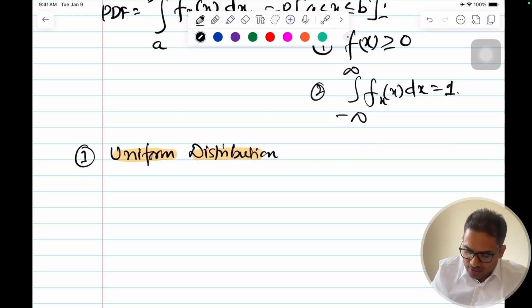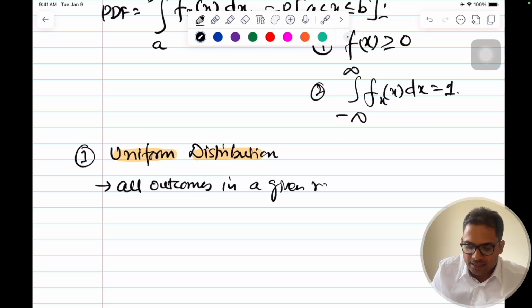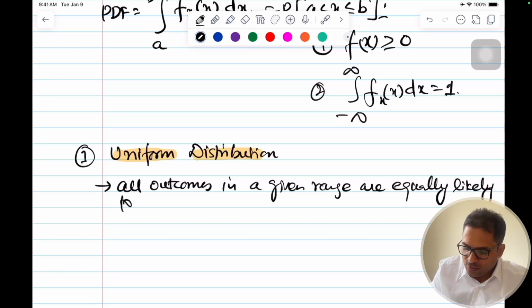So I'll write it down for you, that all outcomes in a given range are equally likely. That's why the name comes, equally likely to occur. That's why it's also called fair.